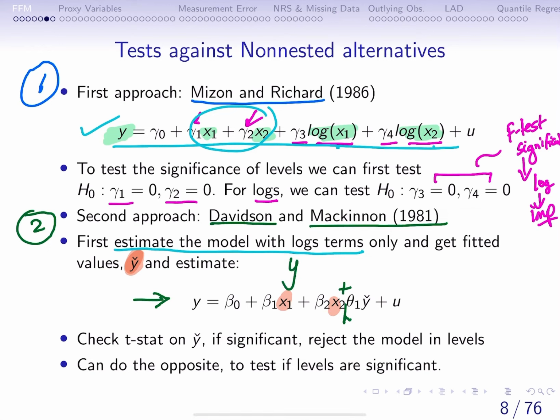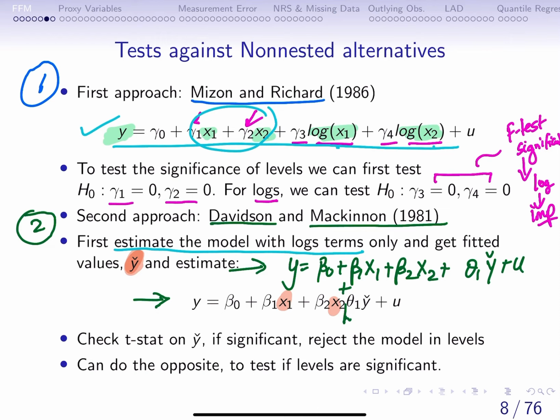So let me write this out so it's clear. This is what we're doing. Okay, so we're going to run a regression of this on this, right? y on all these variables. And then we're going to basically check for the t statistic on that y caret. For that theta 1, is that significant or not?